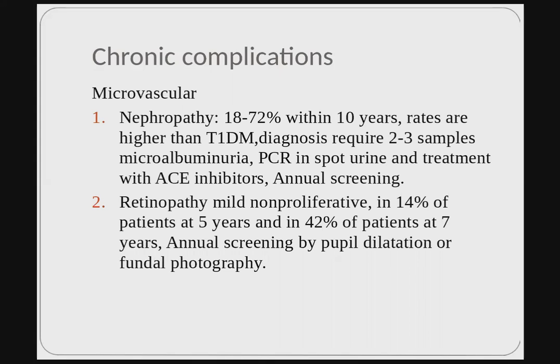One can send the type 2 diabetes mellitus patients for retinopathy once the disease has reached up to like 5 years, because it can be picked there in 14% of them, and once it's getting to like 7 years, it can be picked in 42% of them. So a need for a collaboration between the endocrinologist and ophthalmology is key in picking this.